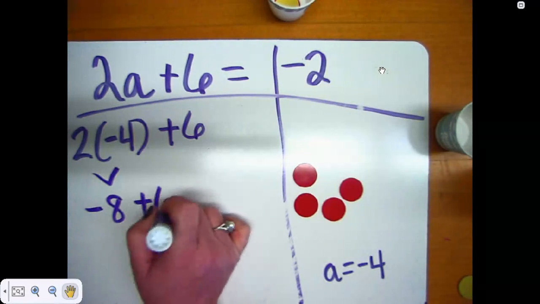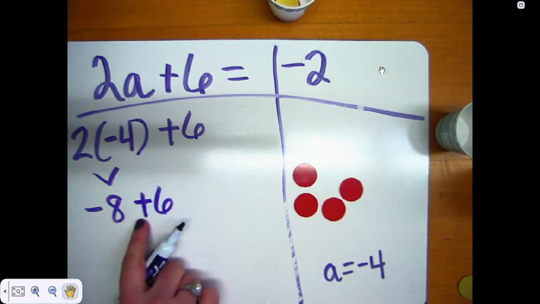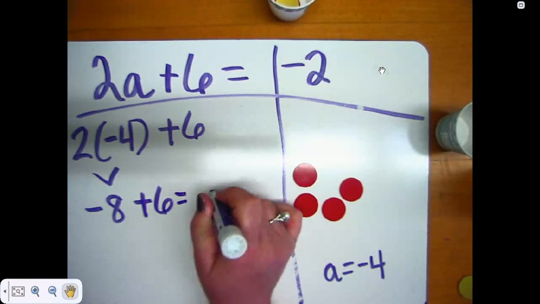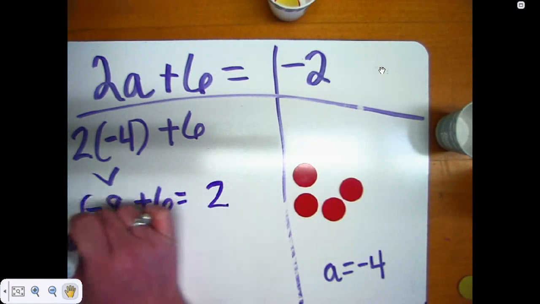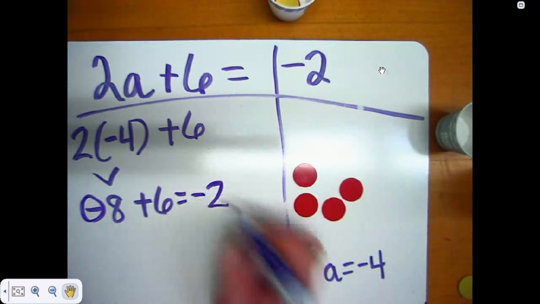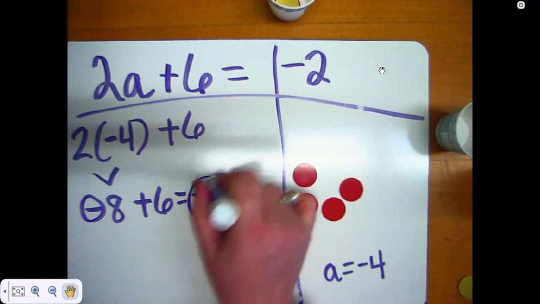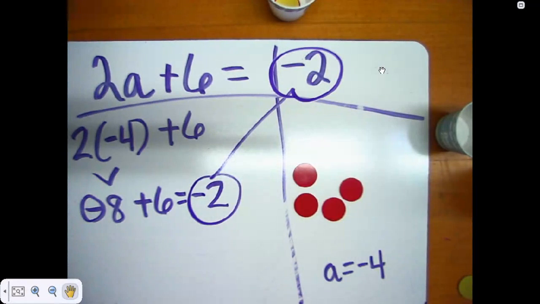I add 6. My signs are different, which means I need to subtract, and I will get 2, and I keep the sign of the largest absolute value, which is negative 2. So my answers do match, and my A is equal to negative 4.